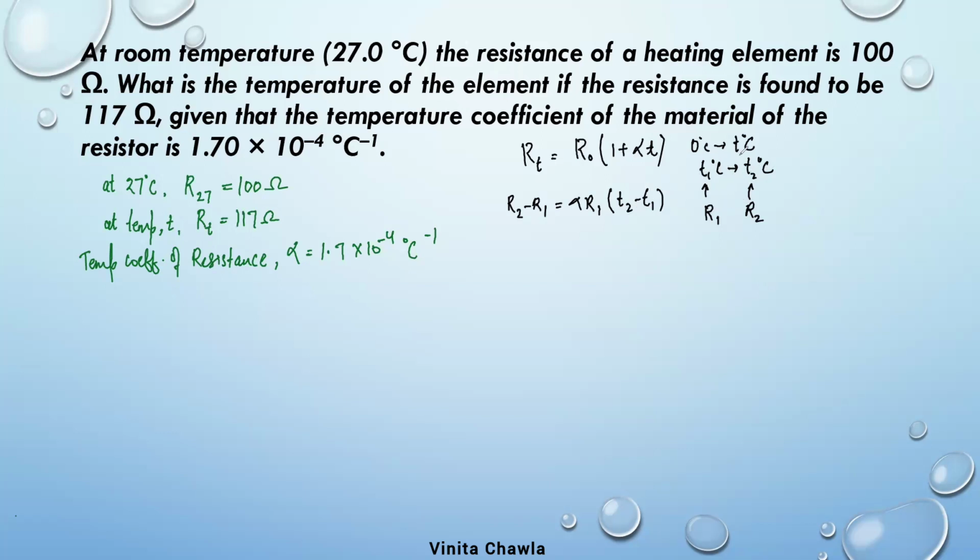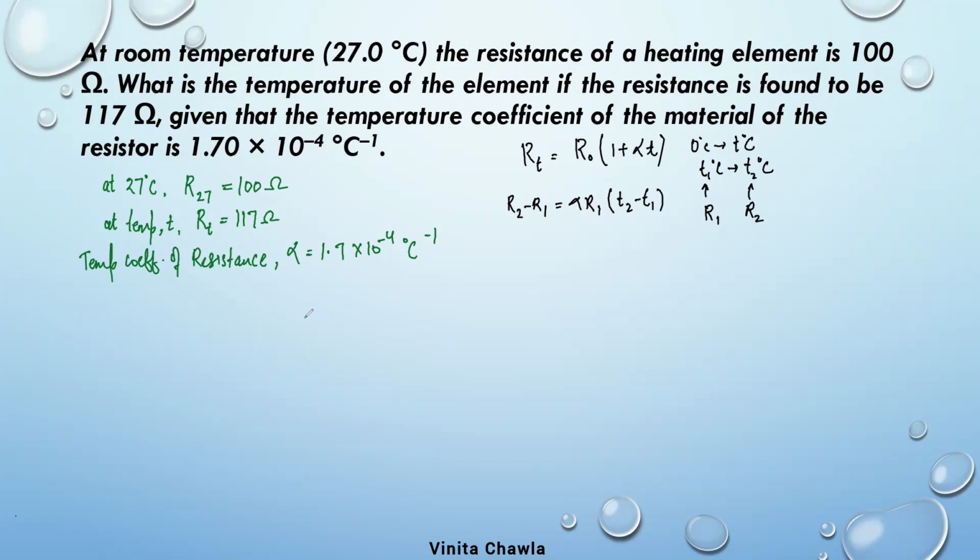And if we have 0 degree Celsius and T degree Celsius, then we don't write 0 because it's understood that T minus 0 is T. So no need to write. Okay. Now we have to find T. So which relation should we use? We'll use this relation.